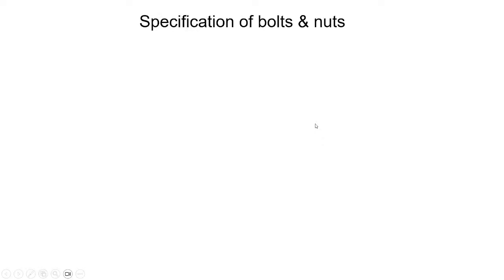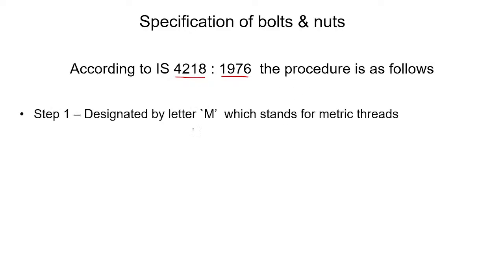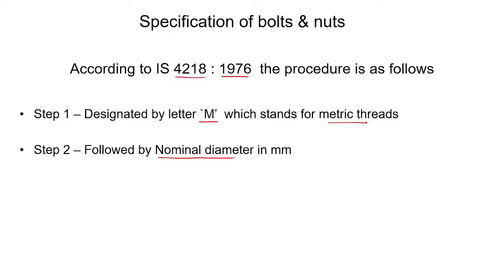Specification of screw threads is given by the standard IS 4218, 1976, and the procedure for that is designated. Step 1 is the letter M, which stands for metric thread. Next, the nominal diameter is included in the specification, along with the pitch.